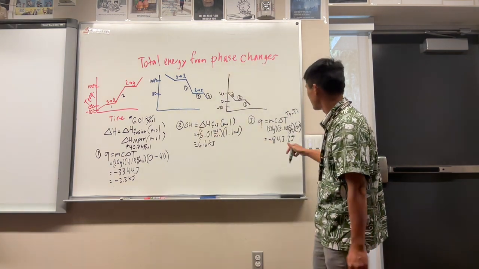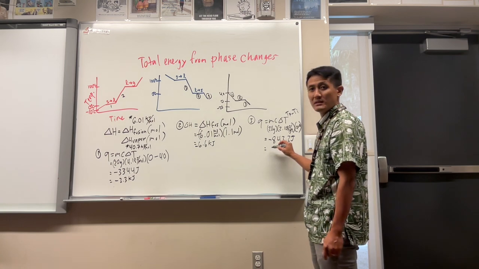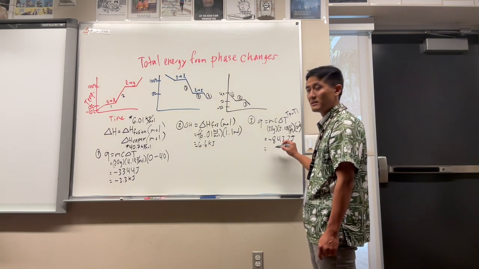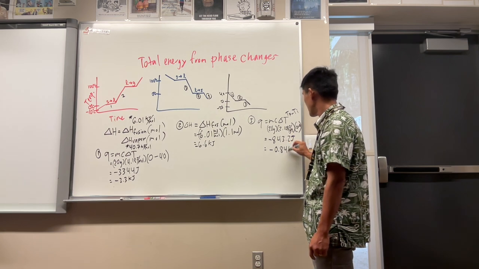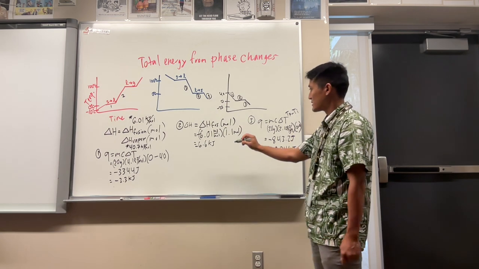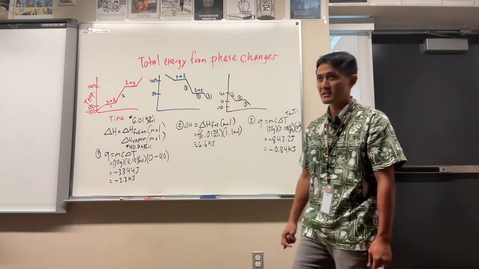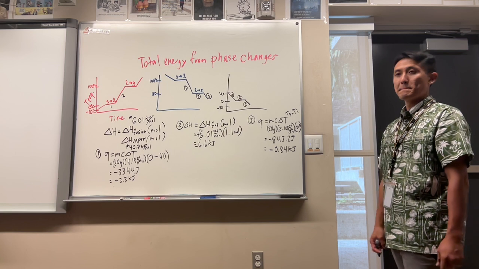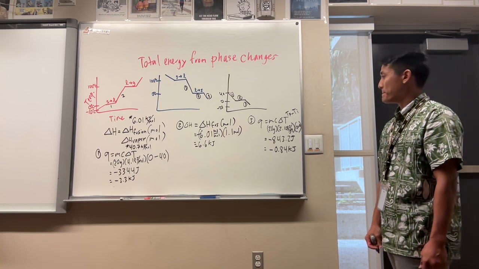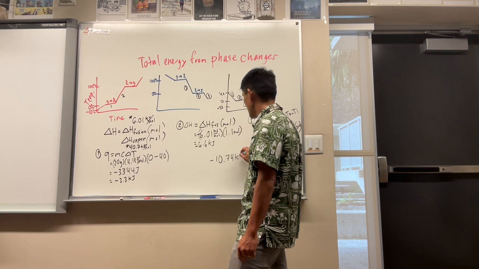How about this one? 0.84. Yep, good. Now let's add all 3 of them. Grand finale, this is my favorite part. Negative 10.74 kilojoules.